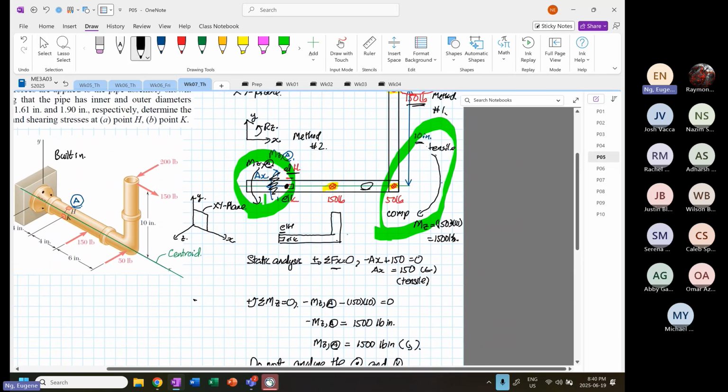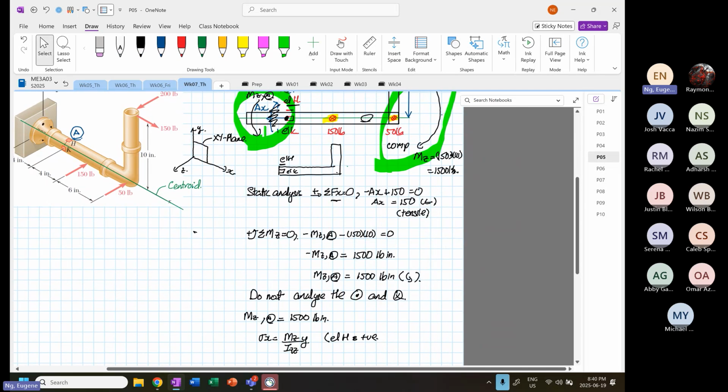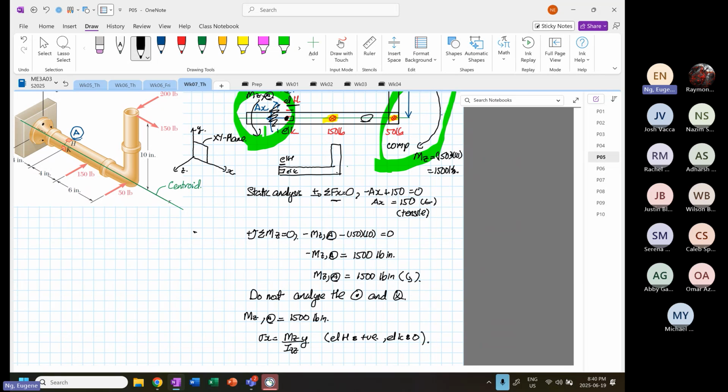Element H is above the centroid, so it's going to be tensile. And element K, due to MZ, is going to be 0, because element K is at the centroid. What we've drawn down here is our centroid. That's why it's so important to define where our centroid is.